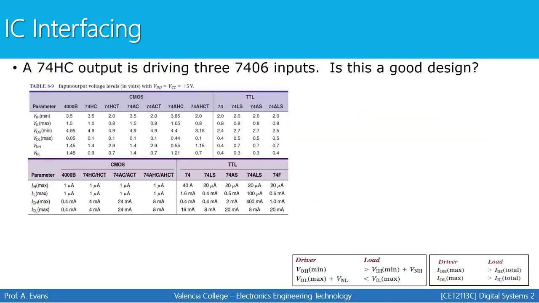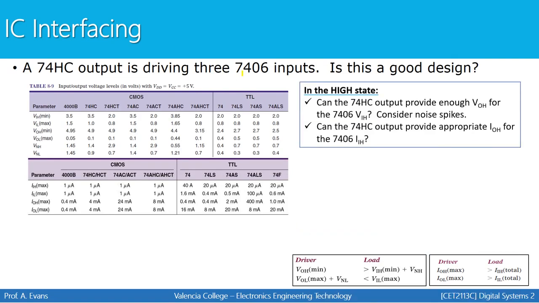So now we're going to see through an example how we would determine whether something is voltage and current compatible. A 74HC output is driving 3 7406 inputs. Is this a good design? That's the question. So we're going to start with considering a few questions. Begin with the state, either the high state or the low state. We're going to start with the high state, and we're going to ask ourselves two questions.